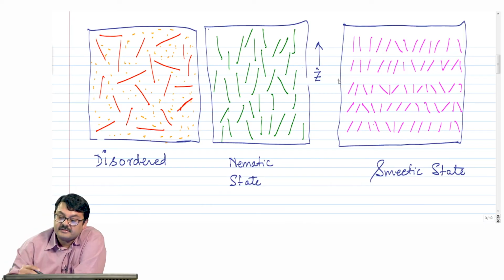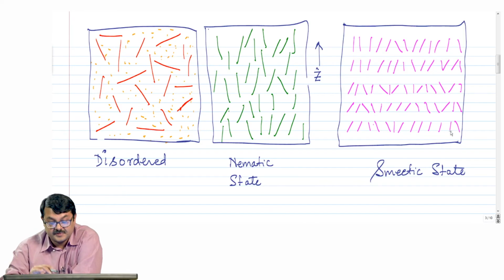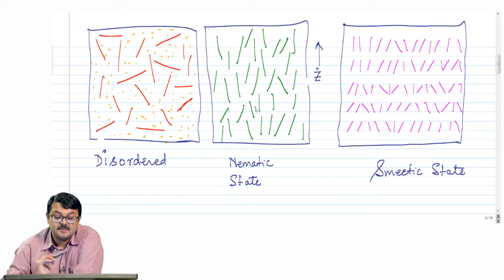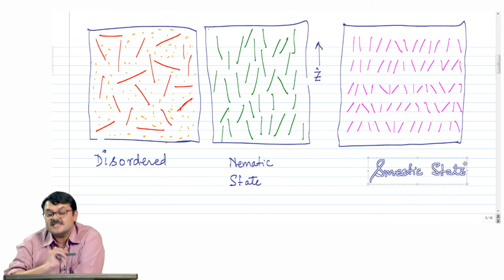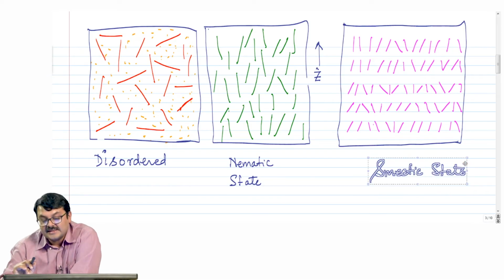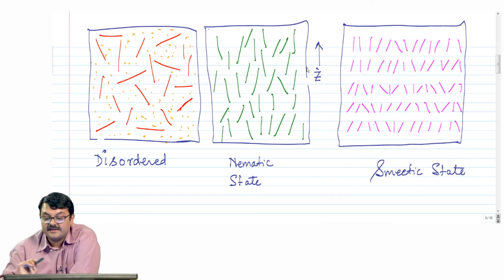Now, if you increase the density of these molecules even further, and assuming that the molecules are all of the same size, they can go into the so-called smectic state. In the smectic state, they not only point on average along a particular direction, say the z direction, but they also align themselves in layers.